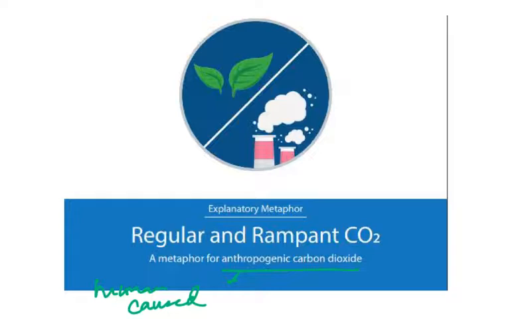The heat trapping blanket is focused on heat, and here we're talking instead about carbon dioxide. The two are definitely related, but we'll also talk about in a couple slides how there are some things that carbon dioxide can explain in terms of climate change that the heat trapping blanket actually cannot.